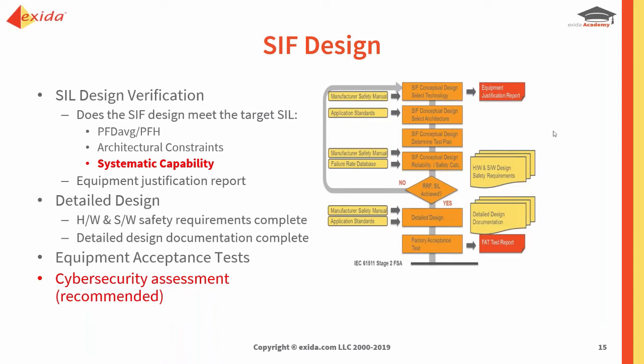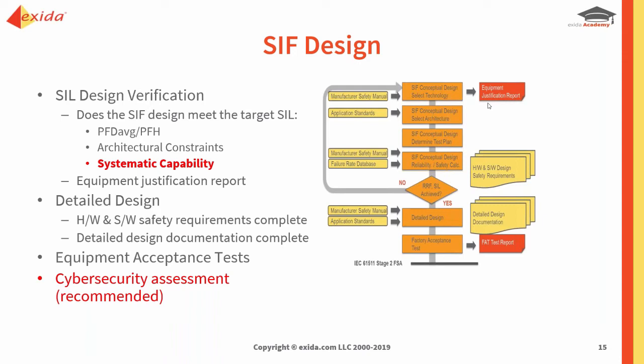So from the SIF design point of view, after our analysis phase, and we've done our FSA 1, we have to look at selecting technology. So 61511 is very clear about how we do that. You have two choices.